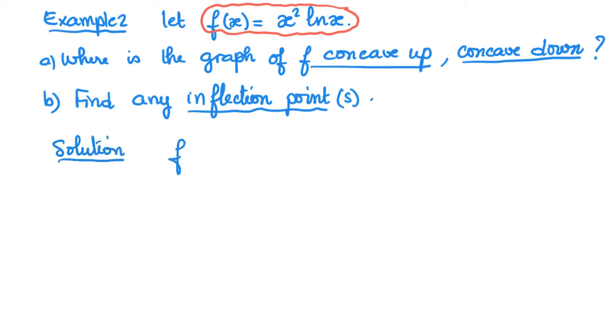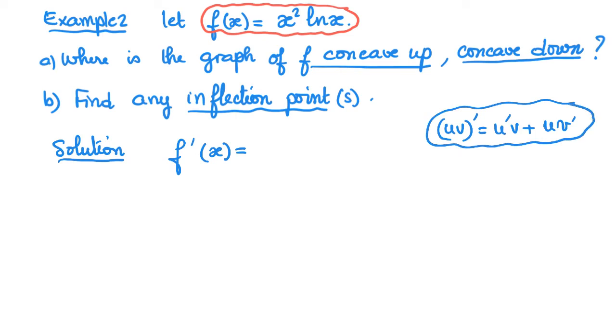So the solution will be like this. So f dash first, we're going to use the product rule here. I just want to write it here. Remember, u times v, when you want to differentiate this, it's u dash v plus u v dash. So that's the rule we're going to use for differentiating this function f.